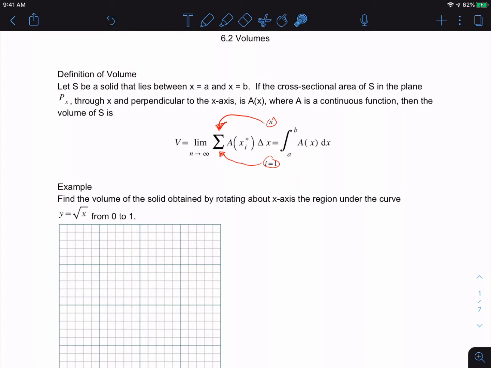So now, because we have area, when we take the integral, what that's going to end up giving us is a volume. Does that make sense to you guys in terms of what I'm saying with the integral? Integral of area gives us volume. Integral of a curve or a line gives us area.